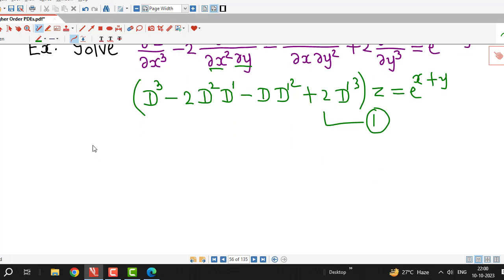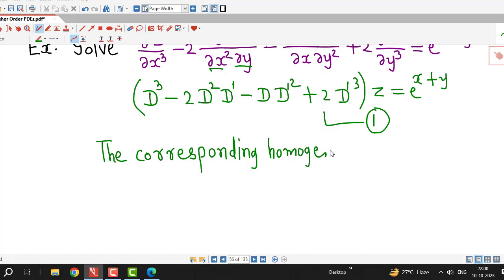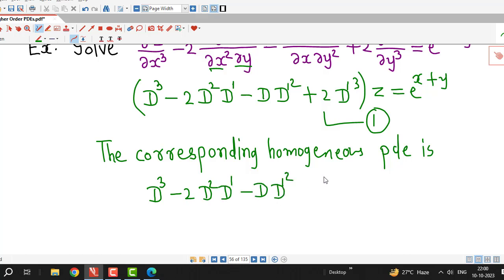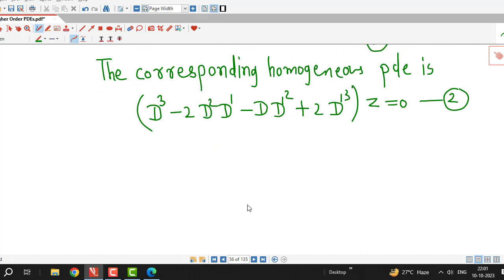So first we write down the general solution for the corresponding homogeneous partial differential equation. The corresponding homogeneous partial differential equation is D cube minus 2 D square D dash minus D D dash square plus 2 D dash cube z equal to 0, and we have to decide the general solution of this homogeneous equation.